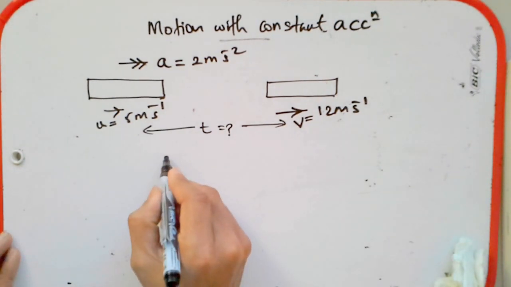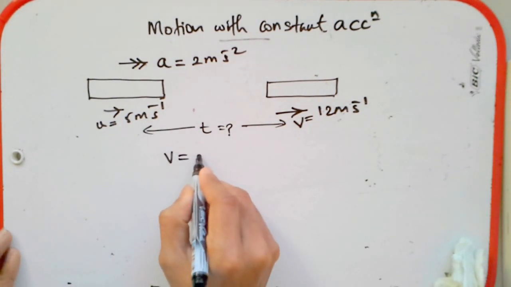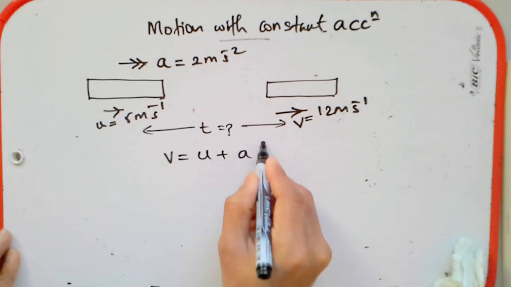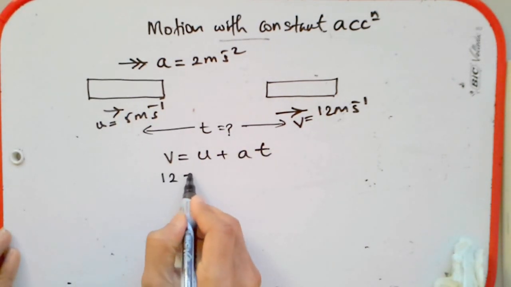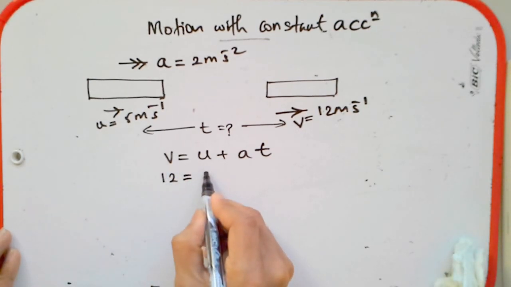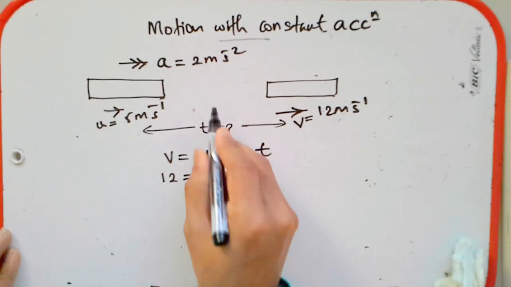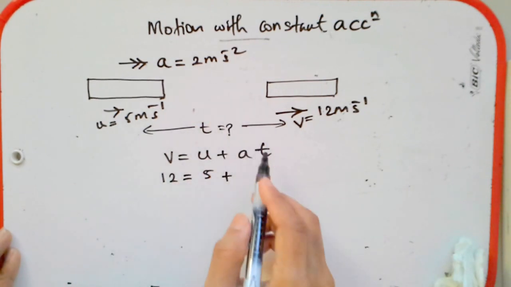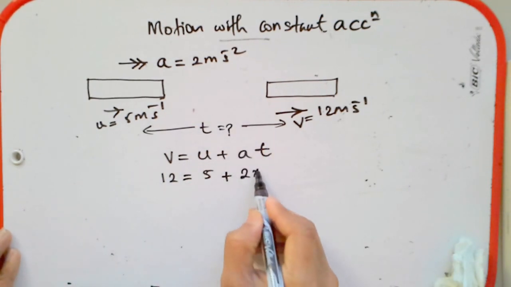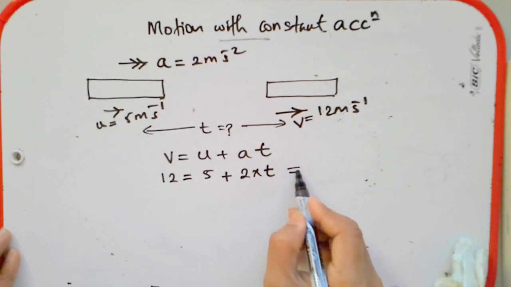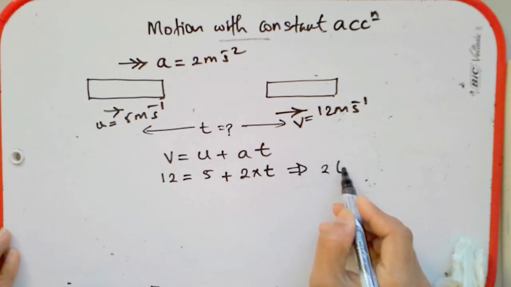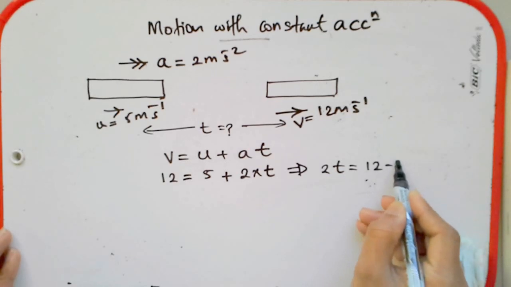So I can use again v equal to u plus at, because I know the final speed is 12, initial speed is 5, plus acceleration this time is given, 2, times t, which is the question. So from here I can say 2t is equal to 12 minus 5.